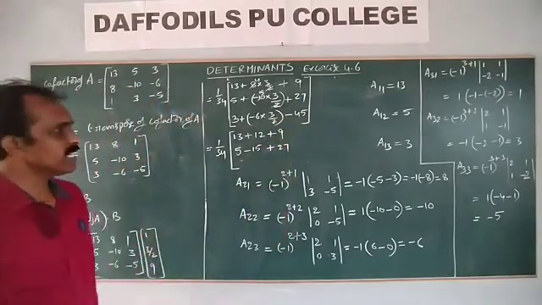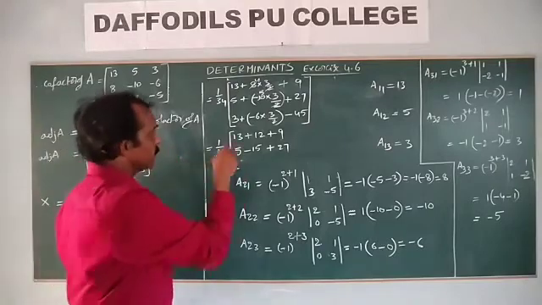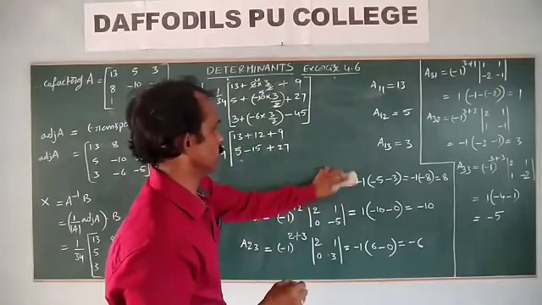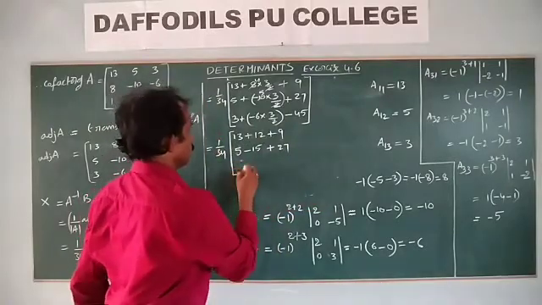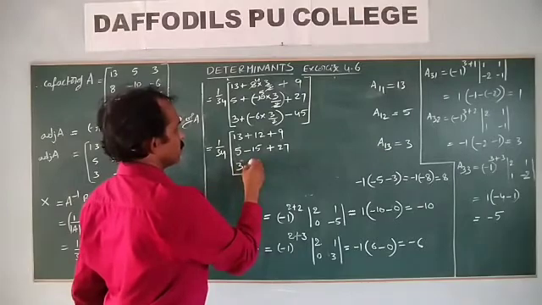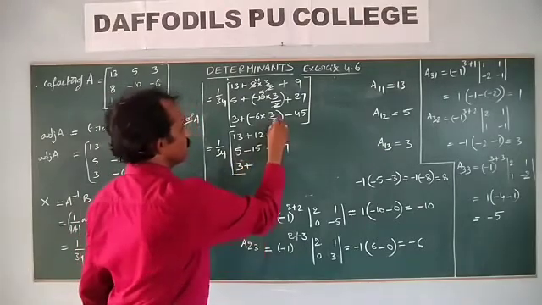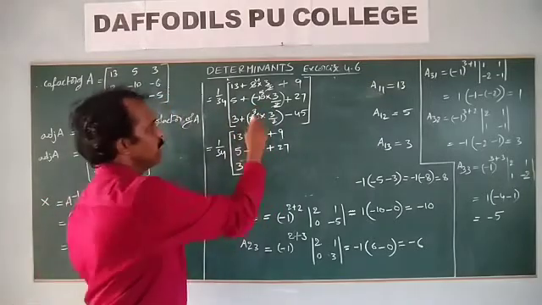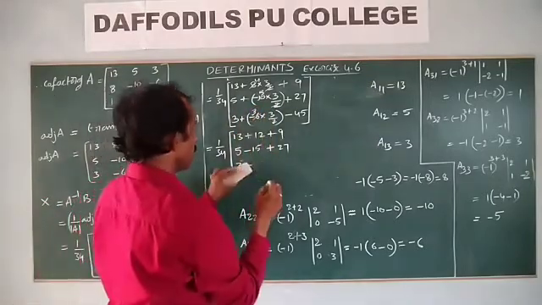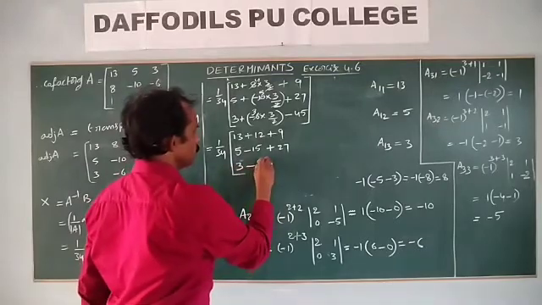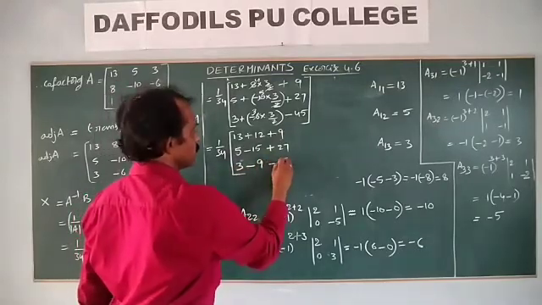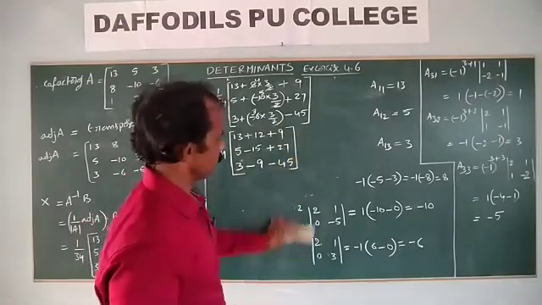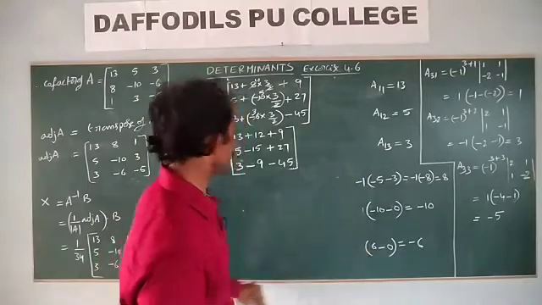Then 3 into 3 by 2, 2 and 3 cancel, minus 9. Next minus 45.